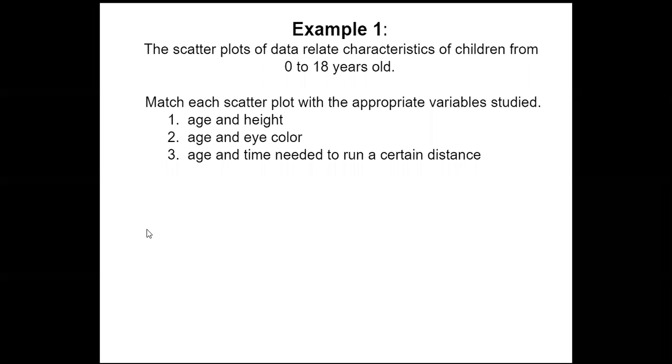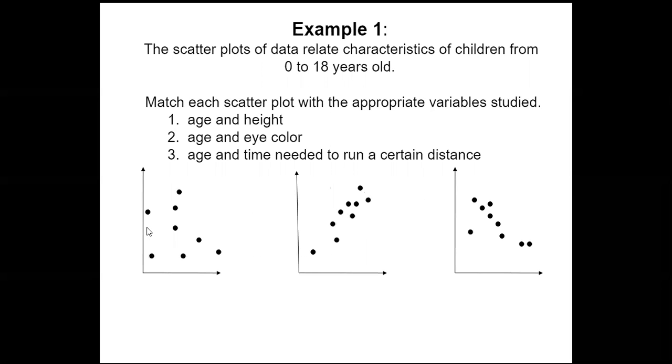In this question, the scatter plots of data relate characteristics of children from 0 to 18 years old. Match each scatter plot with the appropriate variable studied. We have three graphs. Please think for a while. Which graph can we connect to the situations above?